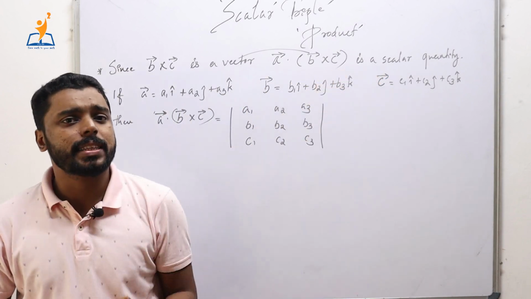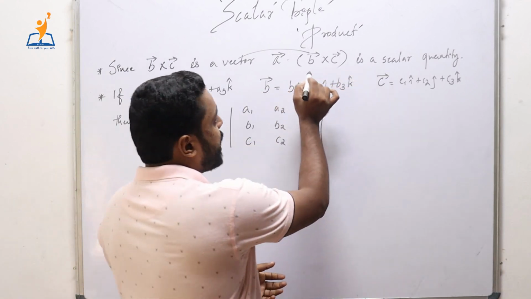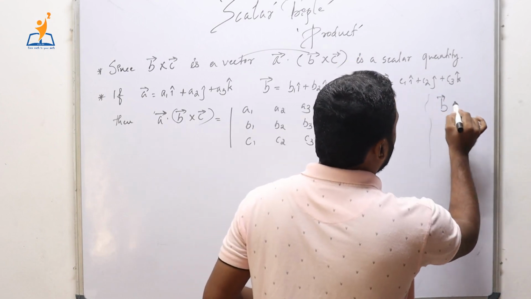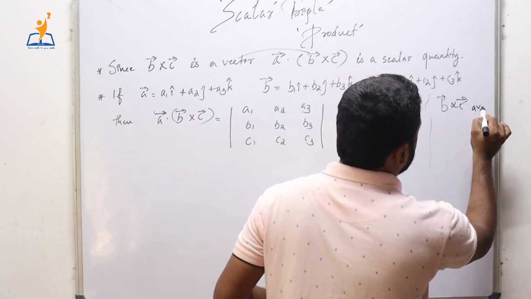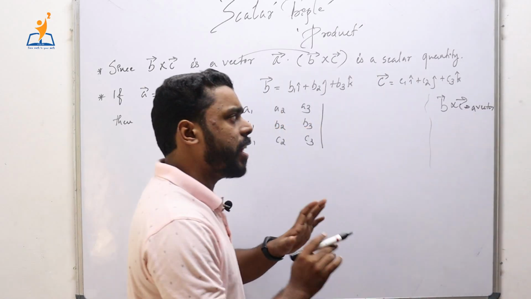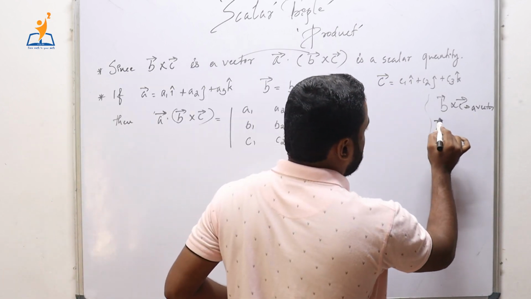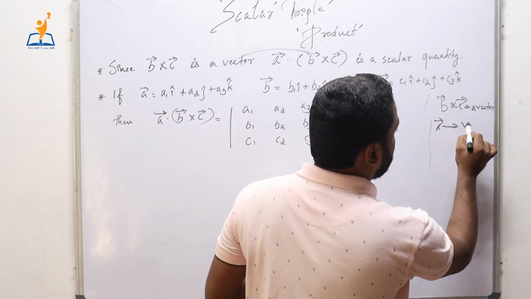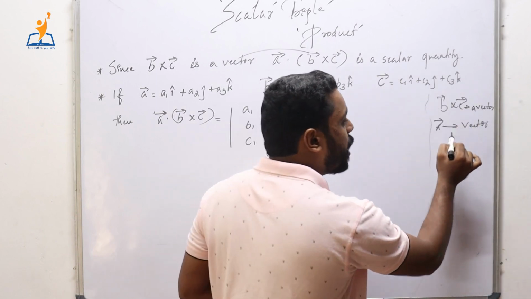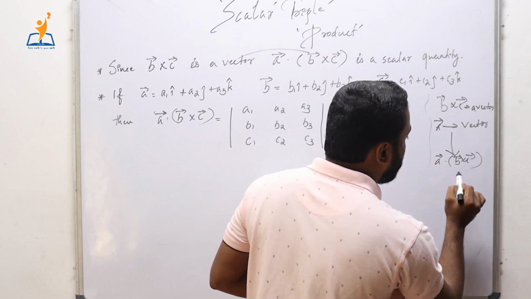I think you can easily understand this property, because we know that whenever B and C are two vectors, B cross C will definitely be a vector. Then since A is also a vector, the dot product of the two vectors A and B cross C will be a scalar.